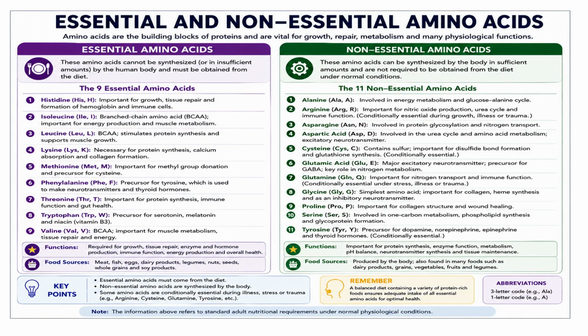These include arginine, cysteine, glutamine, and tyrosine, particularly during rapid growth, illness, injury, or severe metabolic stress. Therefore, adequate amino acid availability is essential for protein synthesis, growth, tissue repair, energy metabolism, and normal physiological function. A balanced diet containing a variety of protein-rich foods helps meet the body's amino acid requirements.